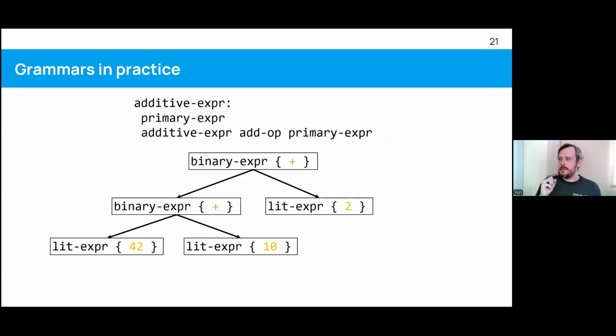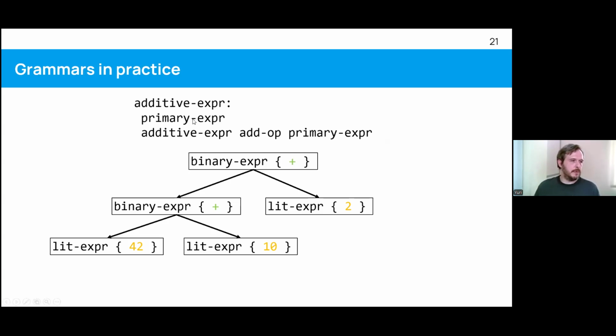The way it is processed really is, let's say we are a parser of our language and we are using our grammar. We take an input and look, what's the starting symbol? Okay, the starting symbol is, in our case, additive expression. So what do we have here? Well, we have a primary.